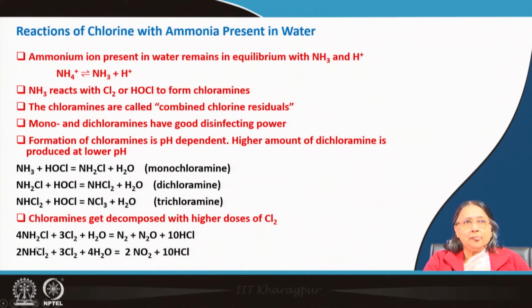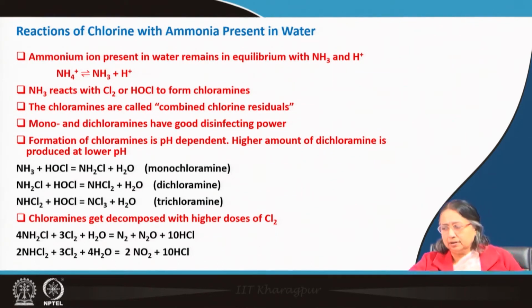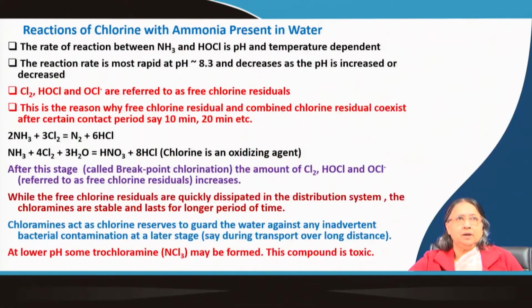You see here, minus 3 to 0. So, it is oxidized, and then dichloramine also, minus 3 to plus 4 state. So, it is oxidized. It occurs at a higher dose of chlorine. If you increase the dose concentration of chlorine, then it will happen.